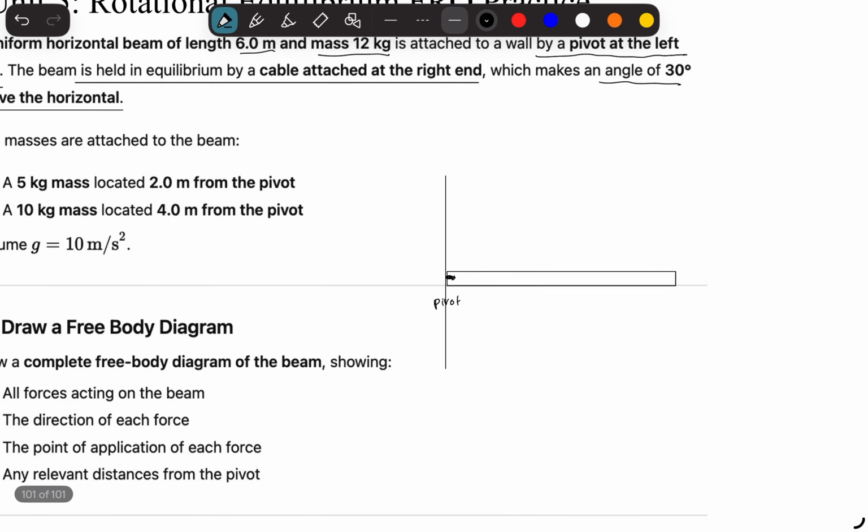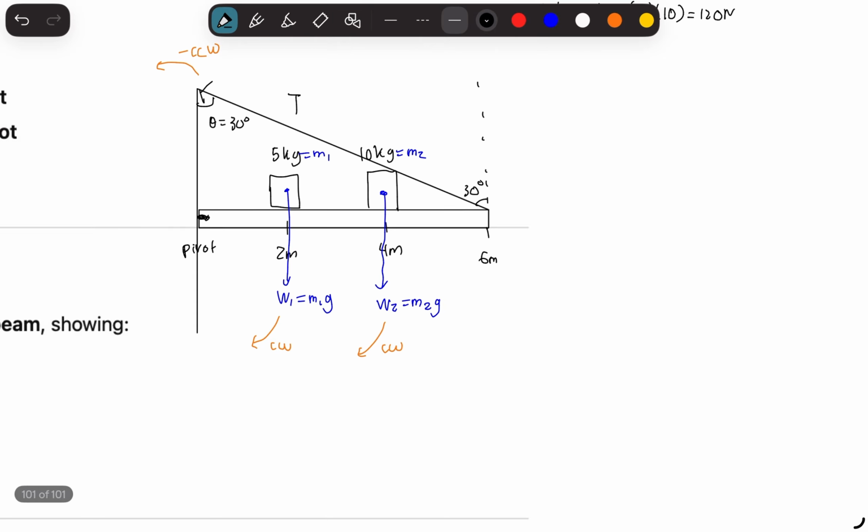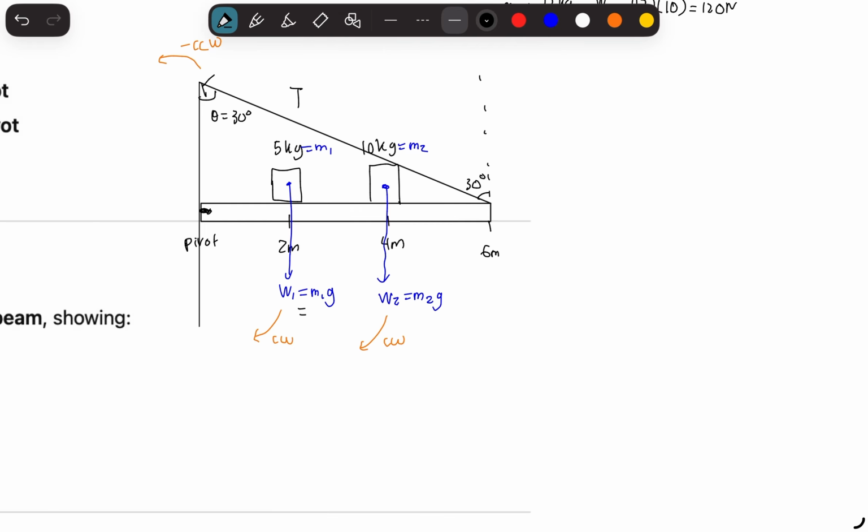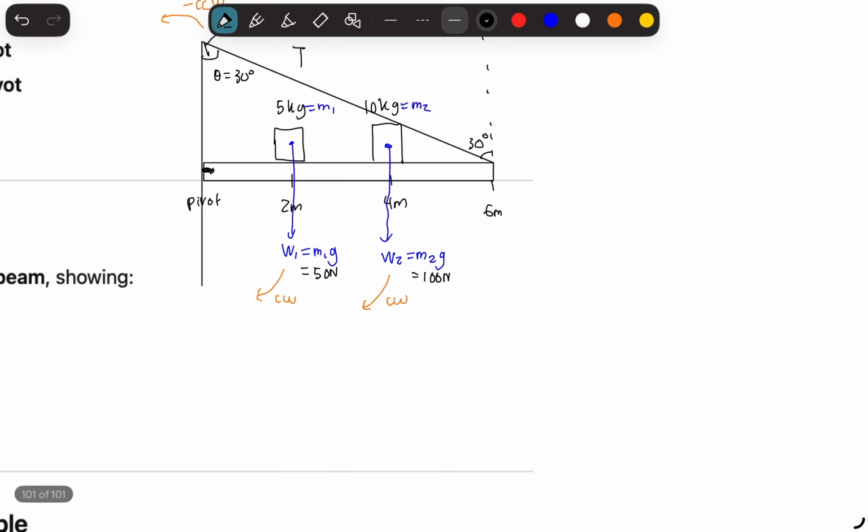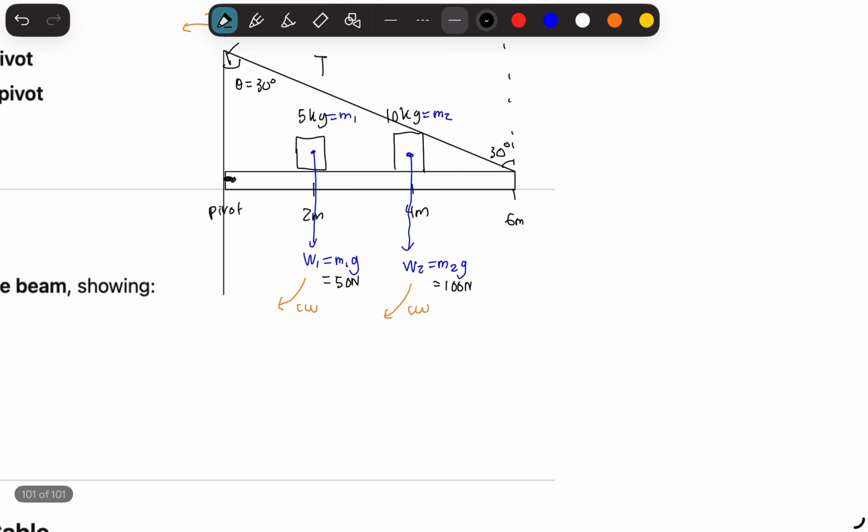M1 is 5 kilograms, so your weight 1 is equal to 50 newtons. Your M2, or weight 2, is going to be 100 newtons, because your mass was 10 kilograms. Our cable angle is 30 degrees.